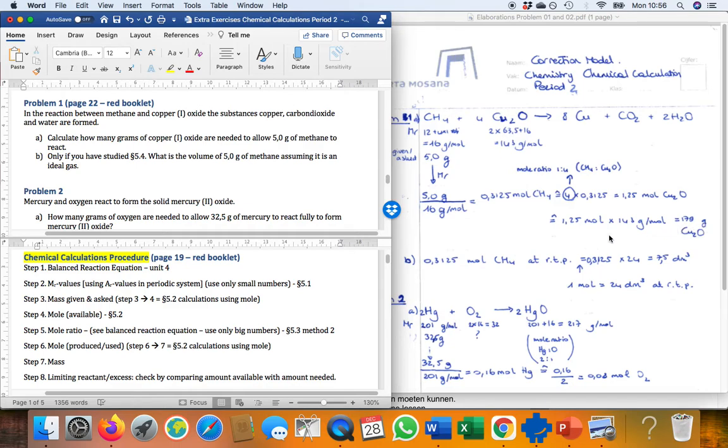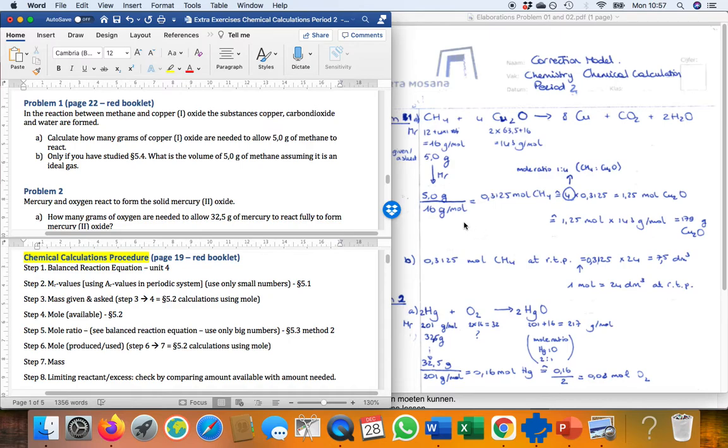That's the mass, and I do that again with dimension analysis. Mole times gram per mole, that means that the mole falls away, leaving me with the grams. I could also do this with a ratio table, which I haven't done here. And if you want that, please just send me a message and I will work that out for you.